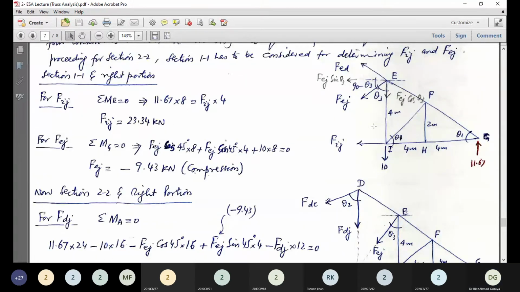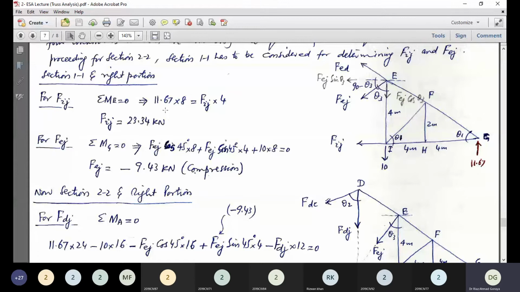So for IJ, this force at bottom, IJ. The appropriate moment center is again E, where other two will become 0.